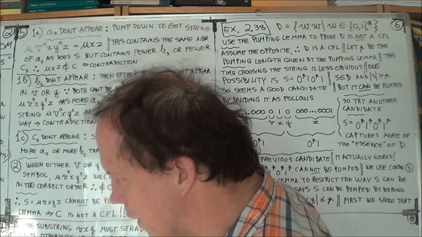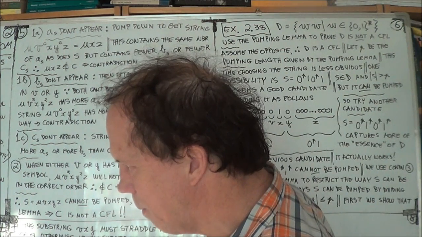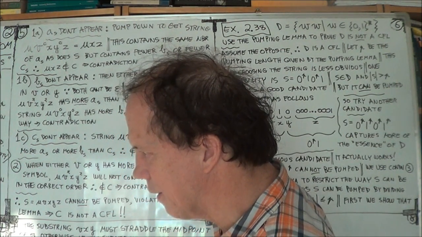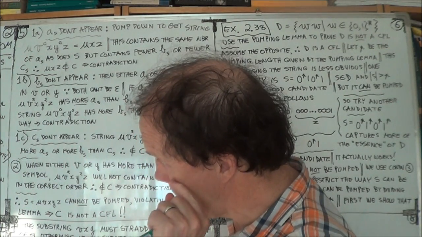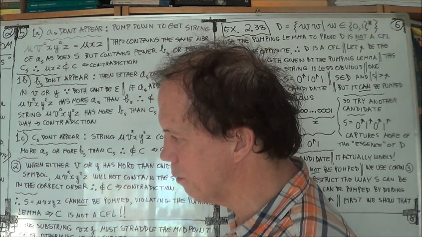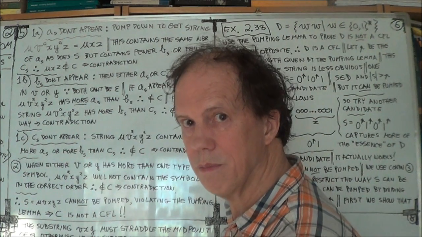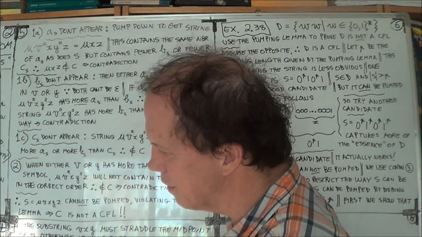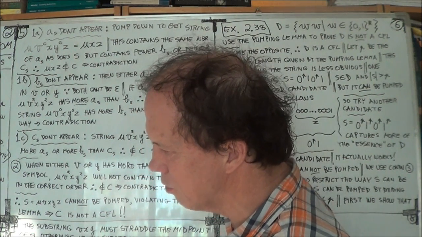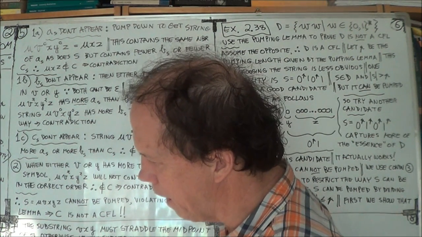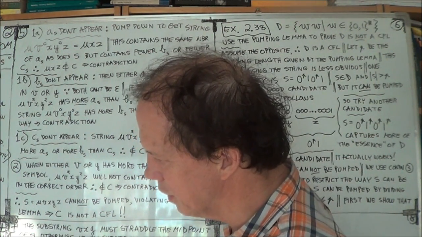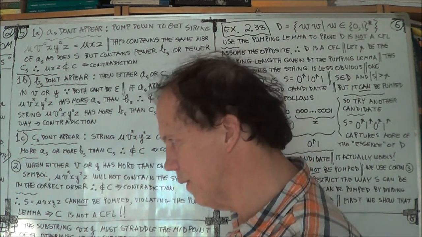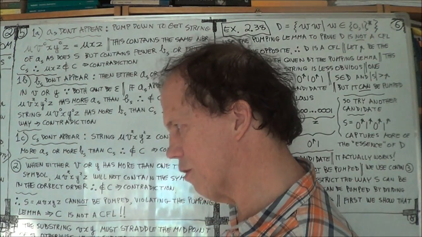So we could choose a string where I and J are equal, and then we increase the number of A's because of the V going from V to V squared. So we've increased the number of A's, so the I goes up by at least 1. But if we chose a string initially where I equals J, that's okay according to the description of the set.